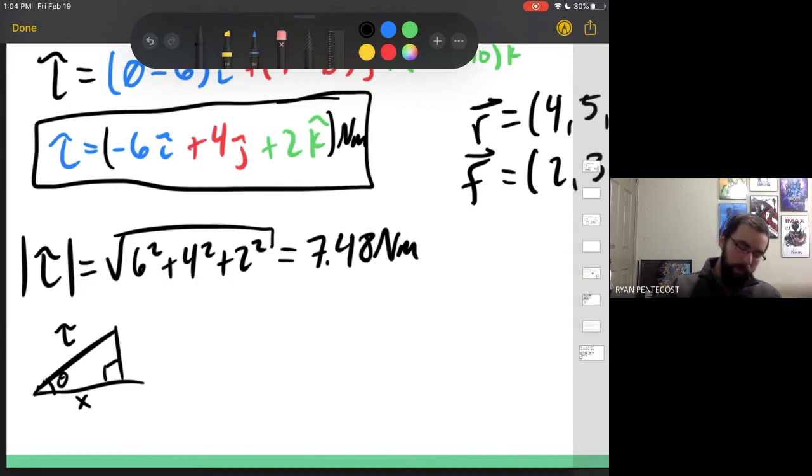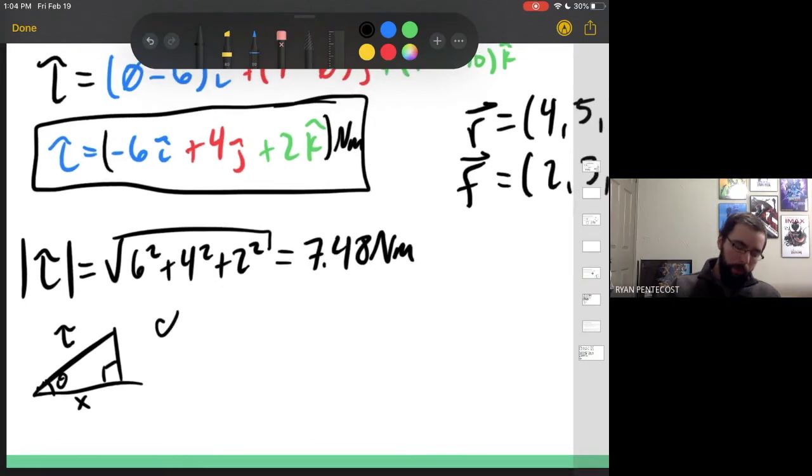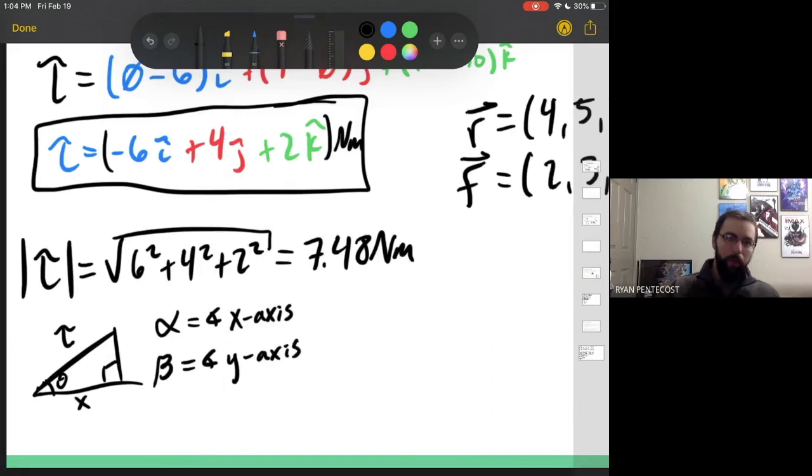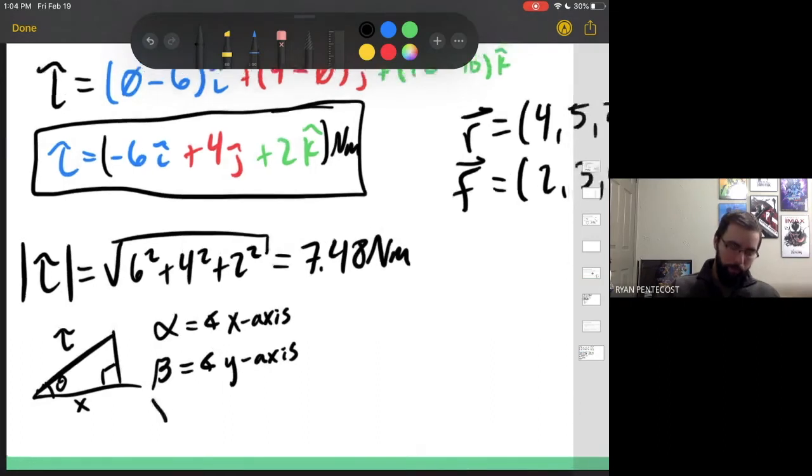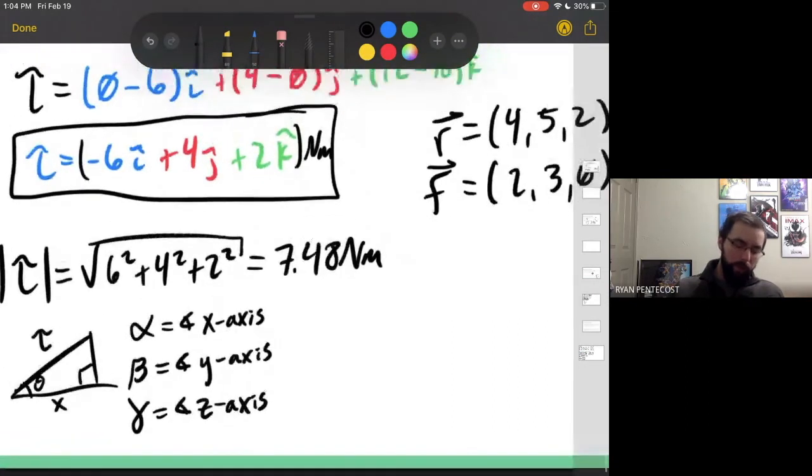Since you have the hypotenuse, we're going to say that alpha is the angle relative to the x-axis. Beta is the angle relative to the y-axis. And this is lowercase gamma, that is the angle relative to the z-axis. If you're going to give the direction of a three-dimensional vector, you need to give its angles with respect to all three axes.